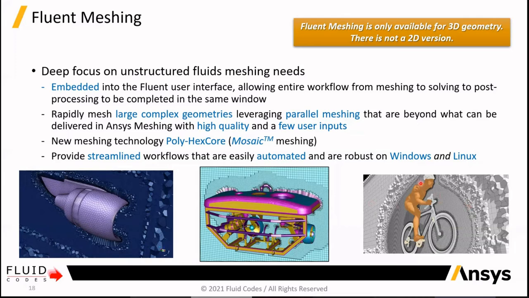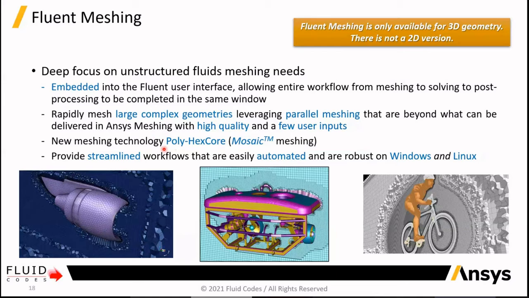We want to resolve the small details around this rider, and then see the external aerodynamics, or in oil and gas applications. So any kind of industry, any kind of problem, any kind of complexity, we have the power to do that. It's not just hardware power but also the capabilities from the software. As I mentioned, Fluent Meshing is strong from that point of view.